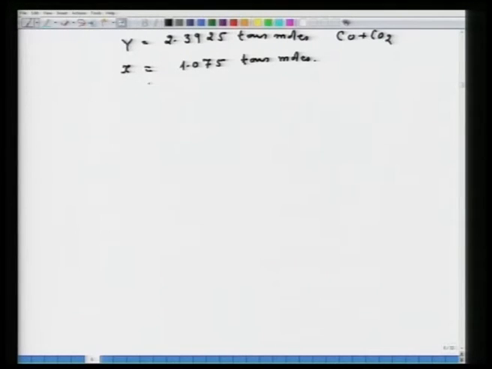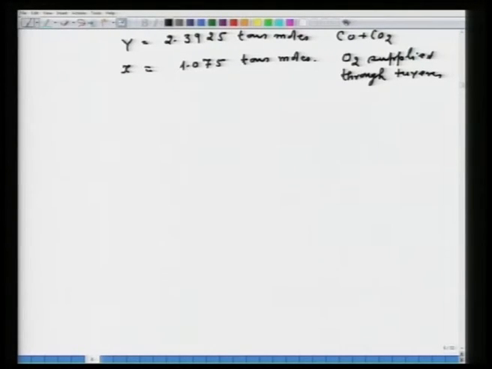X, if you recall, was oxygen supplied through the air, that means oxygen from here, whichever way you want to understand.